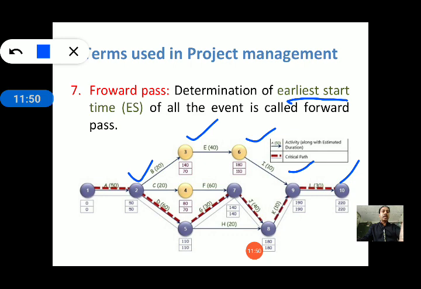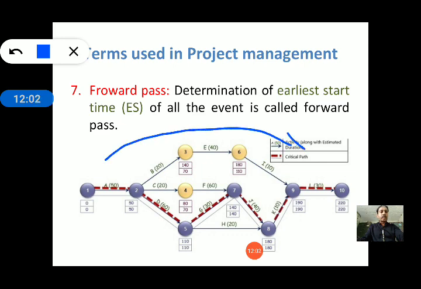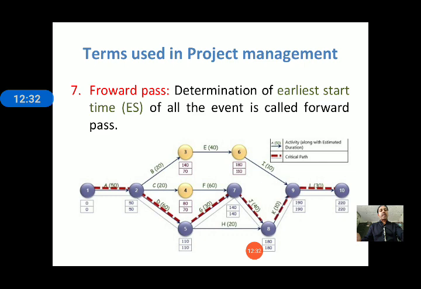So we have to find out the earliest start time from event number 1 to event number 10. That's why it is called forward pass, because the calculation of earliest start time, known as ES, goes from event number 1 to event number 10.